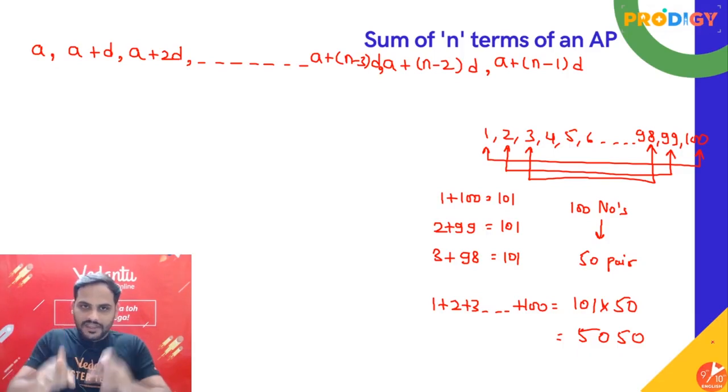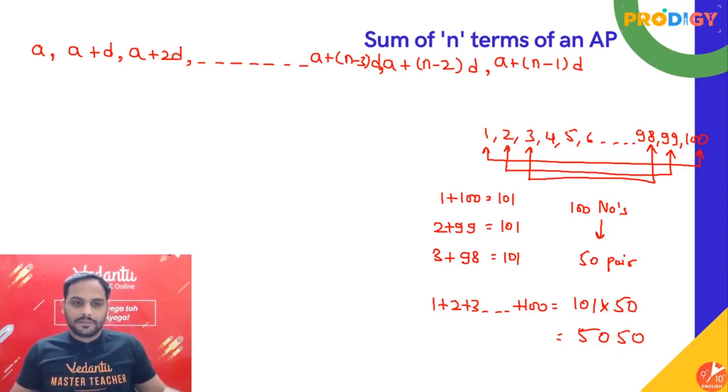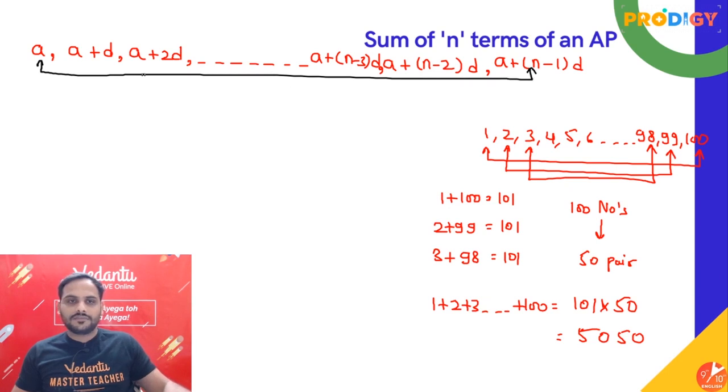ठीक है? Same method, if I apply over here, देखो, the sum of the first and the last term will be a plus n minus 1 into D. So it will be 2a plus n minus 1 into D. Same way, the sum of the second term and the second last term.